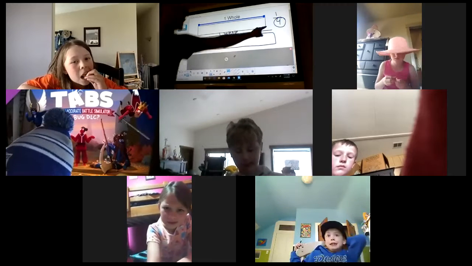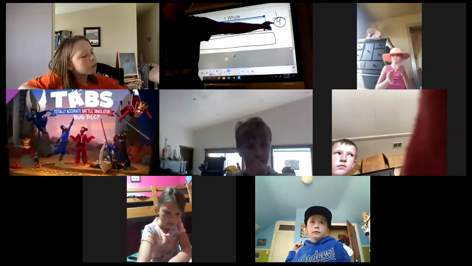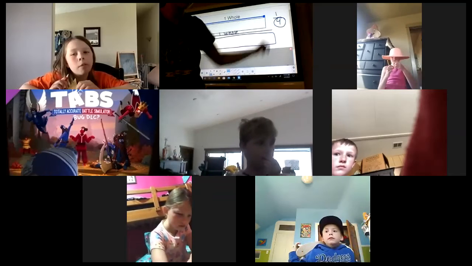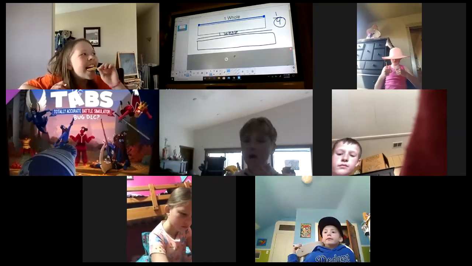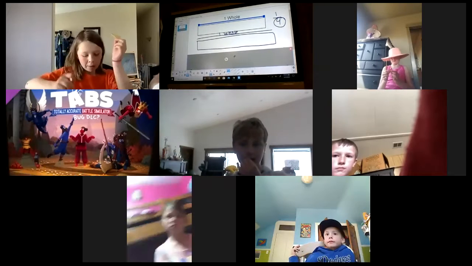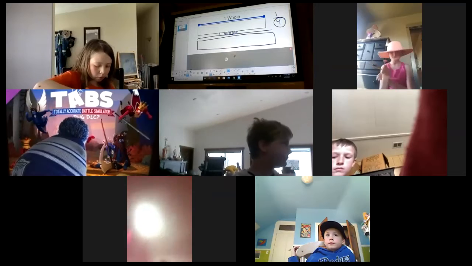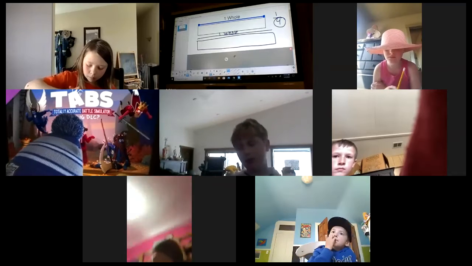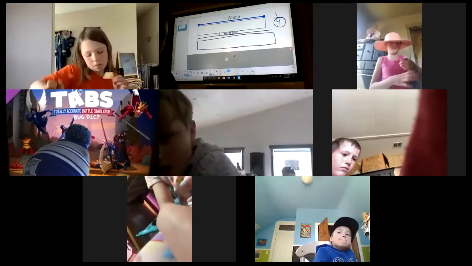Our denominator, the bottom number, is going to tell us how many equal parts we need to divide our fraction bar into. A strategy that I like to use is, if it is an even number, I can always divide it in half, divide by 2. So using your fraction bar, we need to divide it into 4 equal pieces.